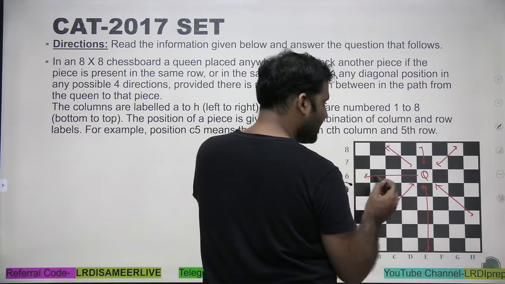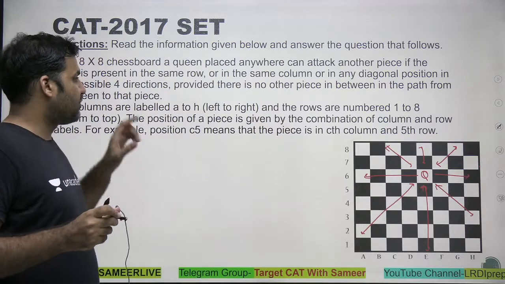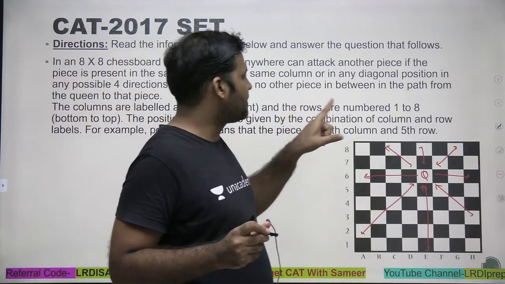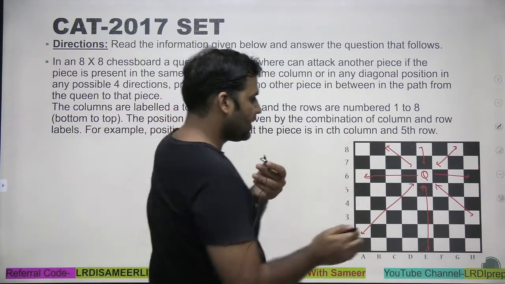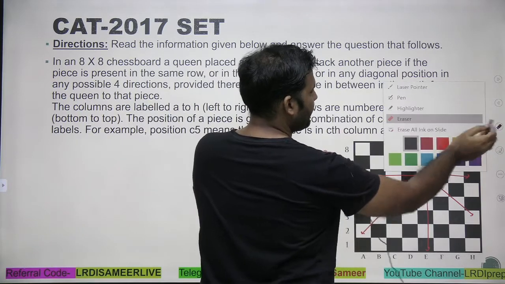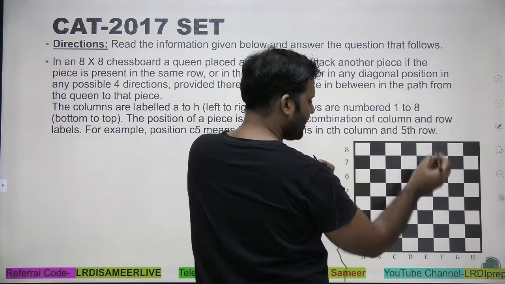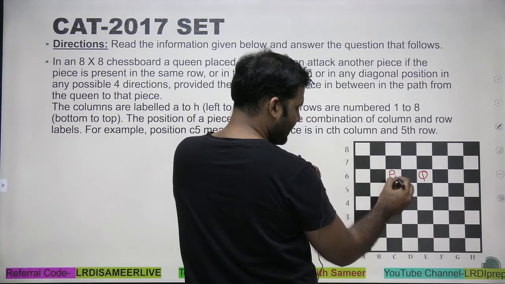That's also a standard rule of chess. If you have played chess, you must know this. But provided there is no other piece in between the path from the queen to that piece. Let's say this is the position of the queen, and there's a piece number 1 here and a piece number 2 here.